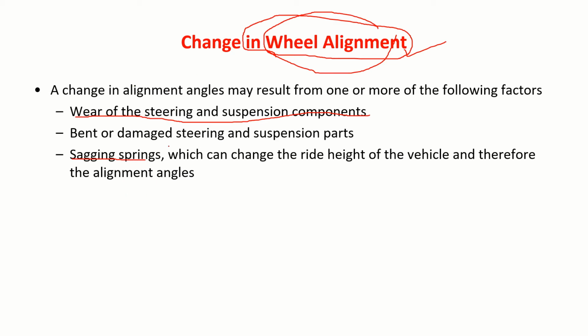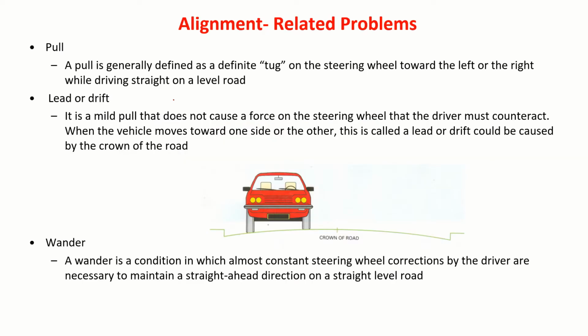So if the alignment angles change, what really happens? When you start steering, you may experience pull. What is that pull? It is defined as a definite tug on the steering wheel toward the left or right while driving straight on a level road. Suppose this is your vehicle.